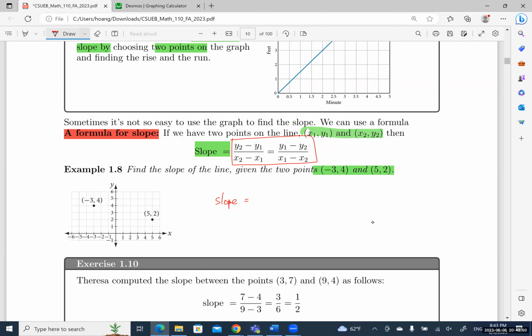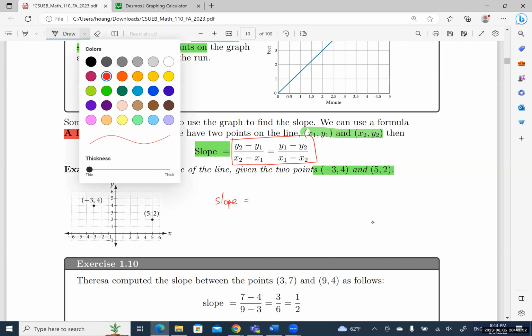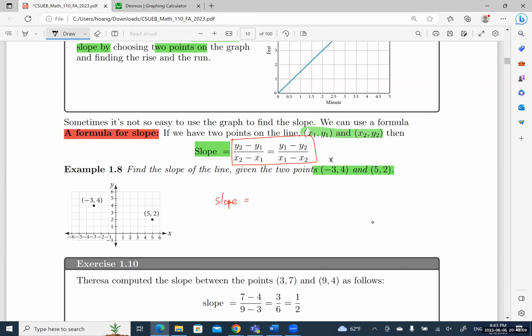In order to make sure I don't mess up, I would like to label on top of it: here's x1, y1, x2, y2. And now I just rewrite the formula of the slope.